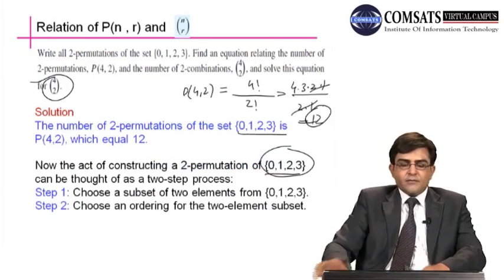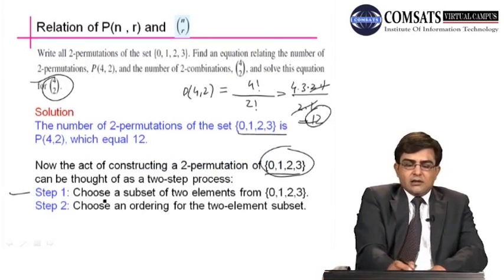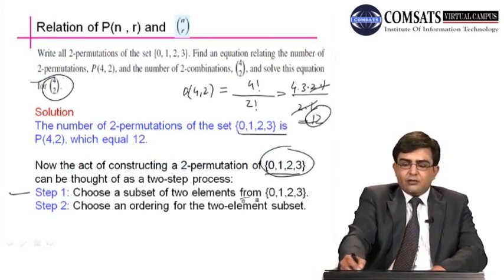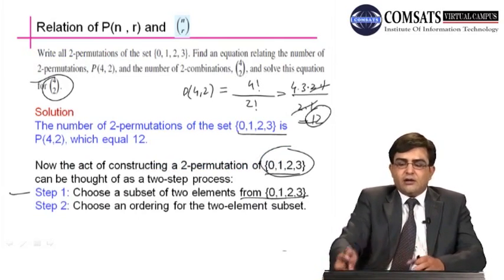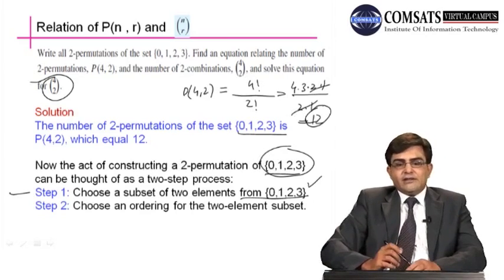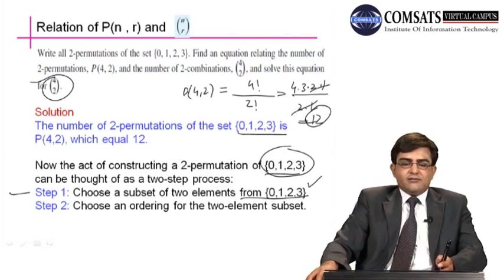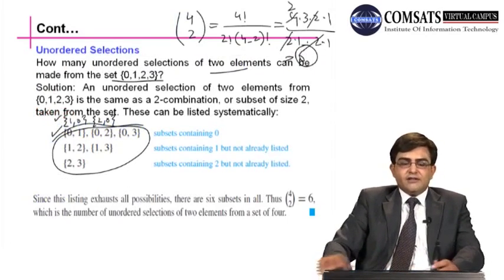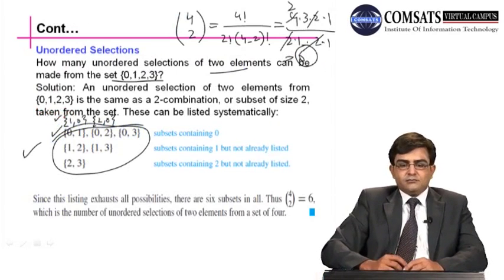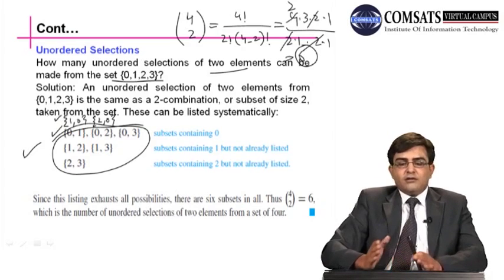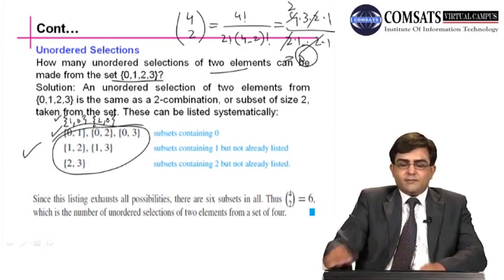For example, here the first step is to choose a subset of 2 elements. Choose all possible subsets of 2 elements out of these 4 elements, as we have done in the combinations. These are the 6 possible subsets which contain 2 elements out of the 4 elements 0, 1, 2, 3.